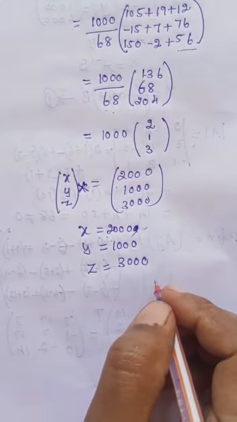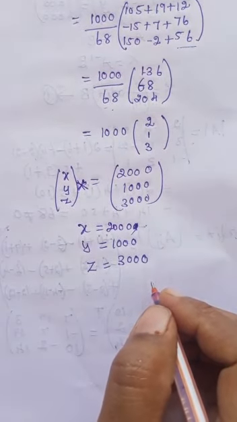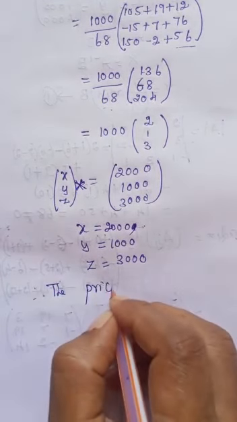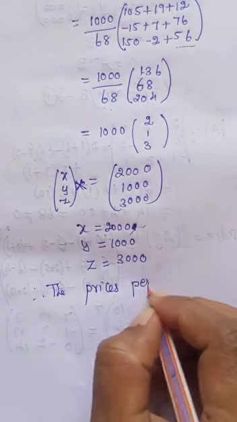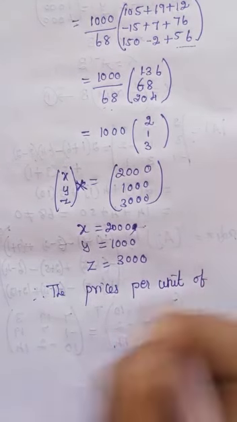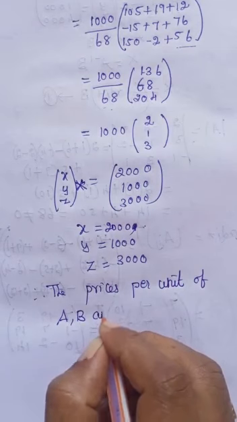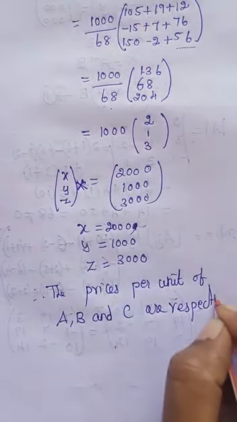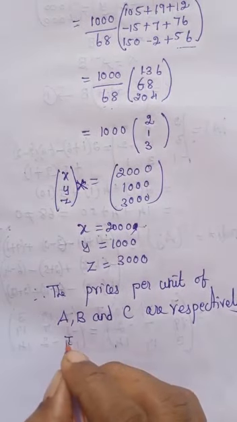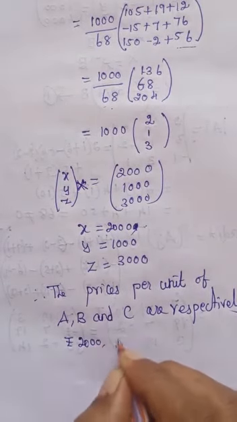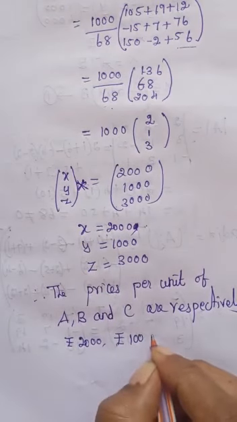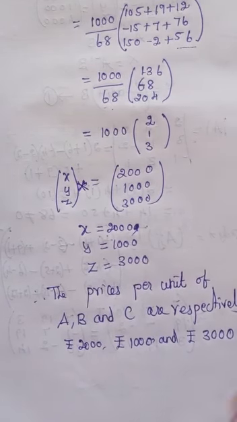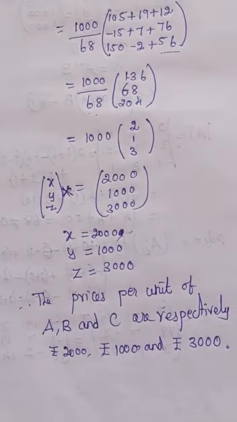Actually the question was find the prices per unit of A, B, C. So you can write therefore the prices per unit of A, B and C are respectively rupees 2,000, rupees 1,000 and rupees 3,000. Would you all understood this?